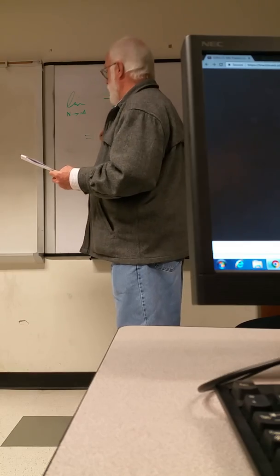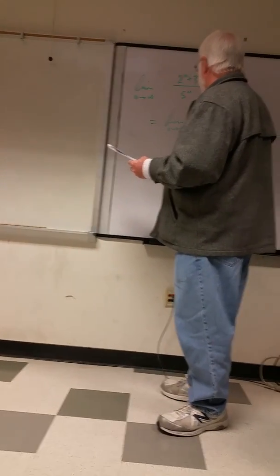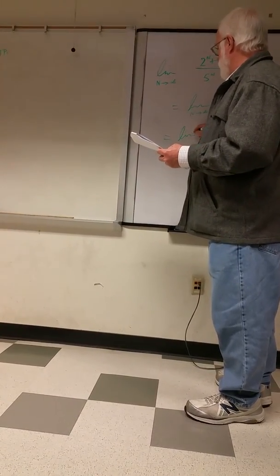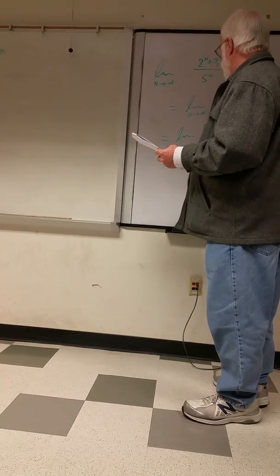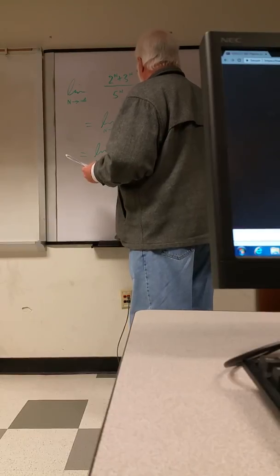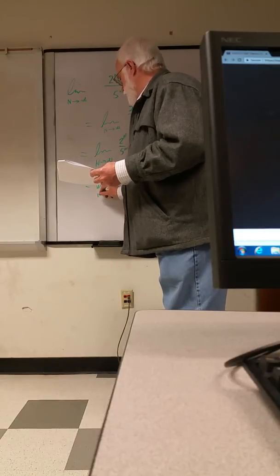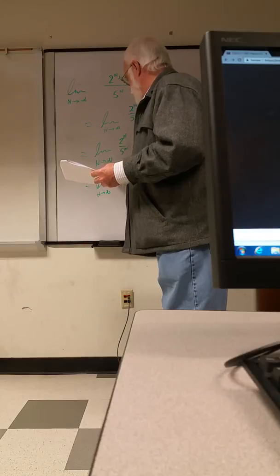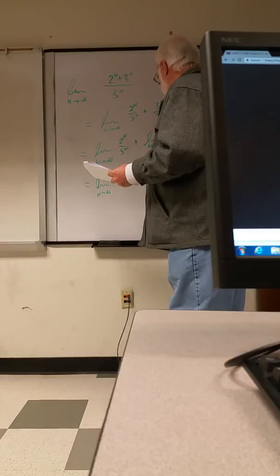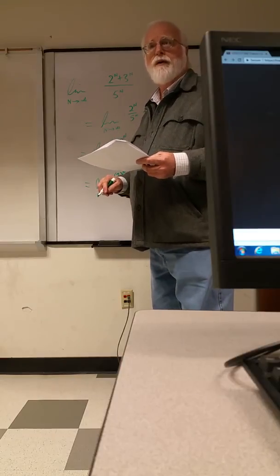Okay, that's the same as the limit as n goes to infinity of 2 to the n plus 3 to the n over 5 to the n, and that's the same as the limit as n goes to infinity of 2 to the n over 5 to the n plus the limit as n goes to infinity of 3 to the n over 5 to the n, and that's equal to the limit as n goes to infinity of (2/5) to the n plus the limit as n goes to infinity of (3/5) to the n. Anything less than 1 in absolute value, the limit as n goes to infinity is 0.